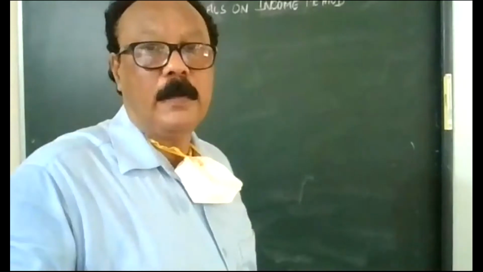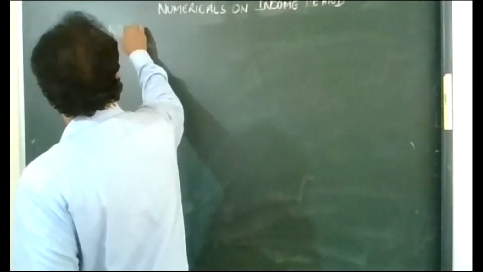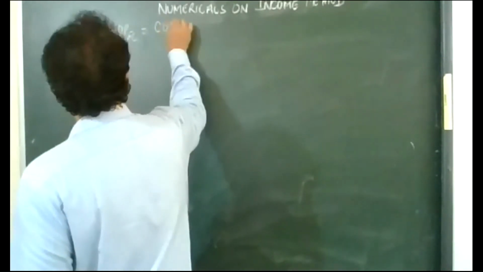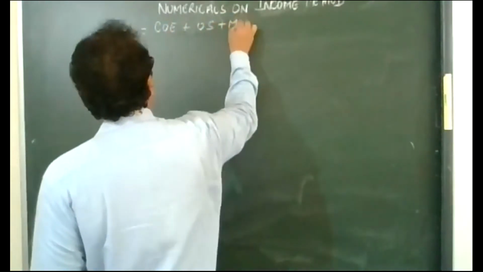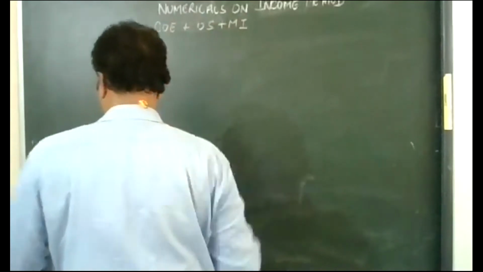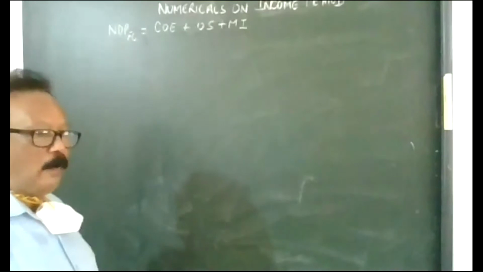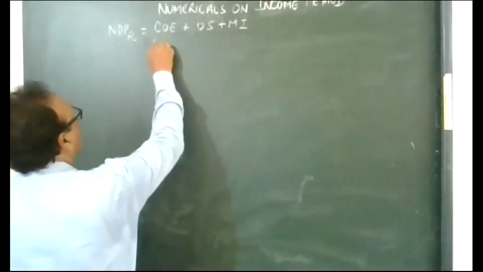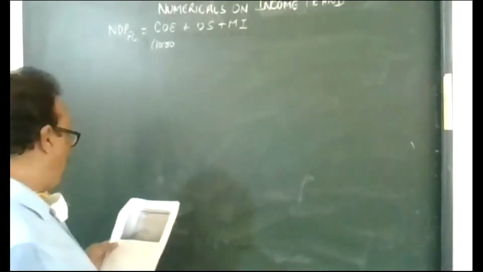Okay. Now, first and foremost, like I said, we calculate the NDP at factor cost, domestic income, which is COE plus OS plus mixed income. Now let us see what all comes under COE. What are we given? We are given wages and salaries in cash, which is 1,000. Anything else?